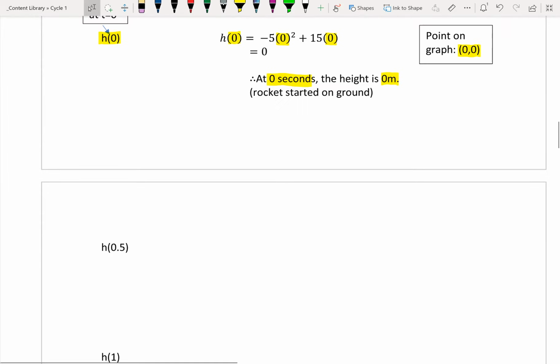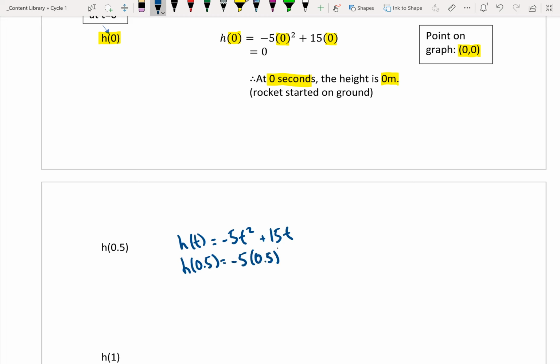Another example, taking that same idea: if we have h of 0.5, that means I have to take my original function, h of t equals negative 5t squared plus 15t, and everywhere I see a t, I have to replace it with 0.5. Now once that is done, I'm just going to go through and solve.